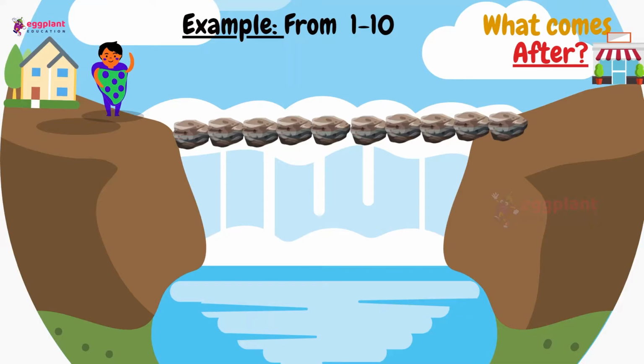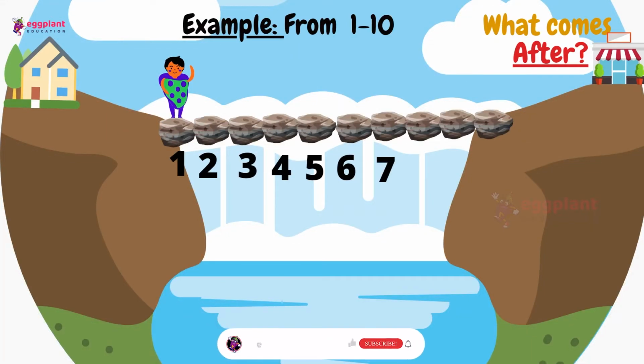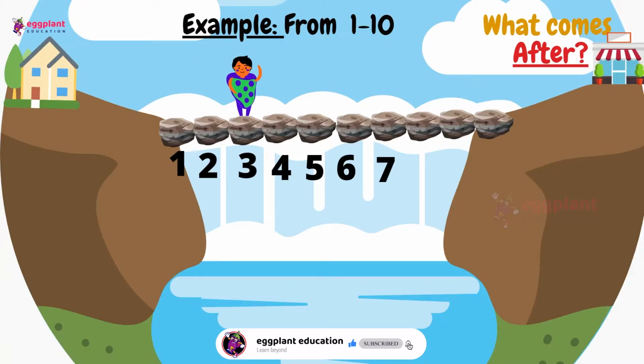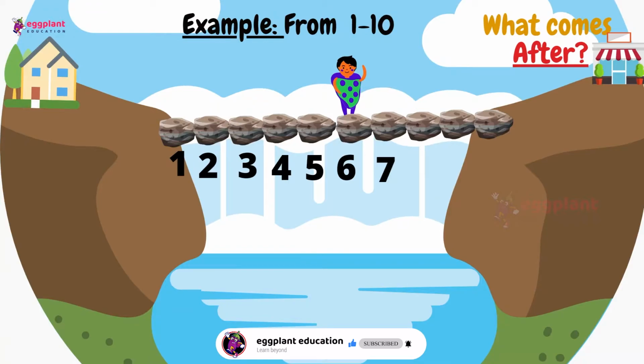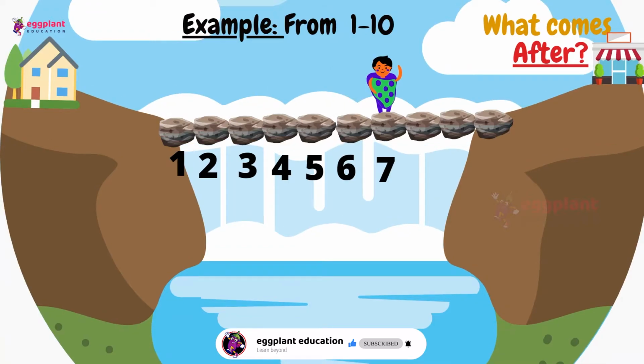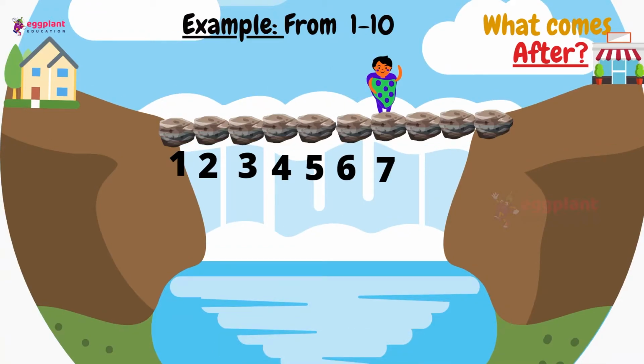Now, we are going to see how he does the forward counting, and we are also going to see what comes after. Okay? Let's start. 1, 2, 3, 4, 5, 6, 7. Oh, there is no number next after 7.